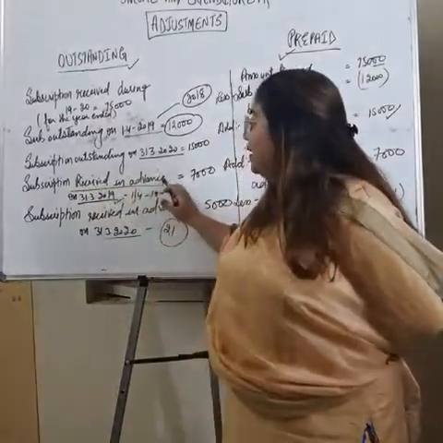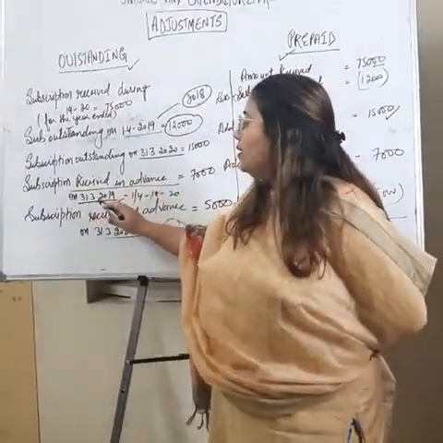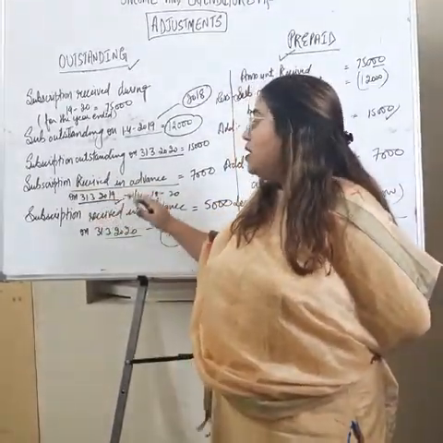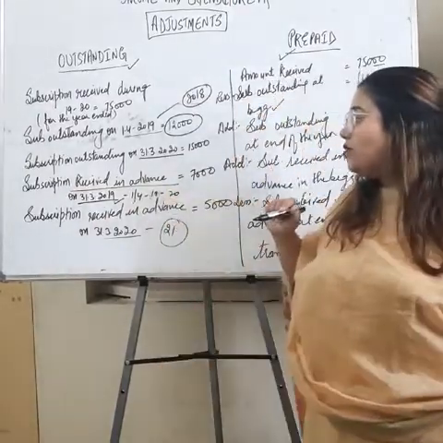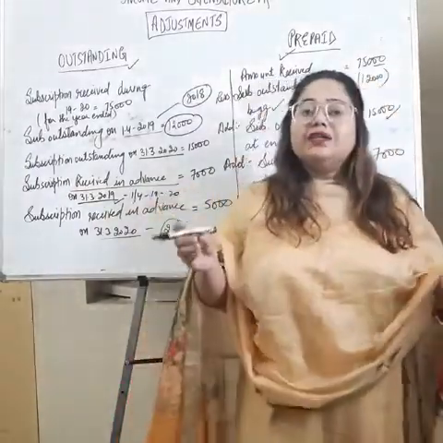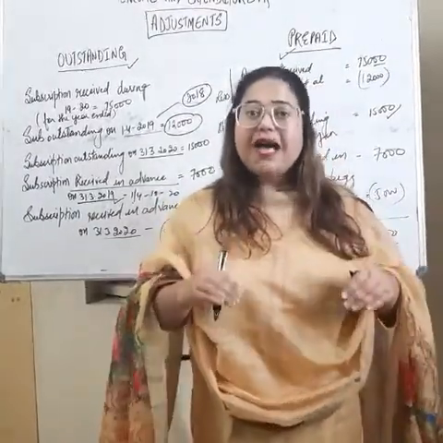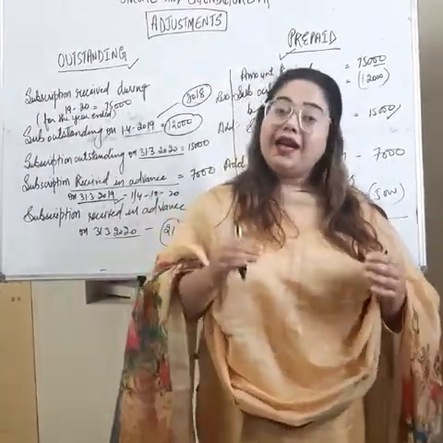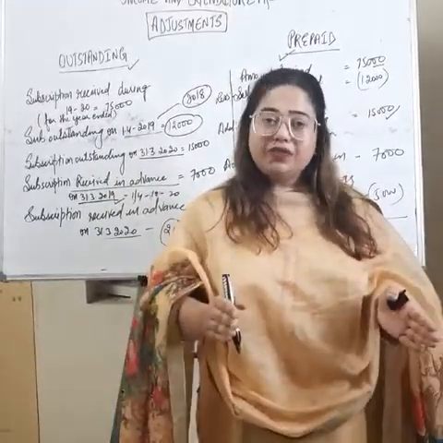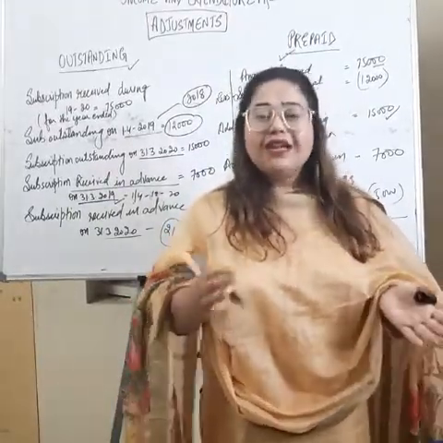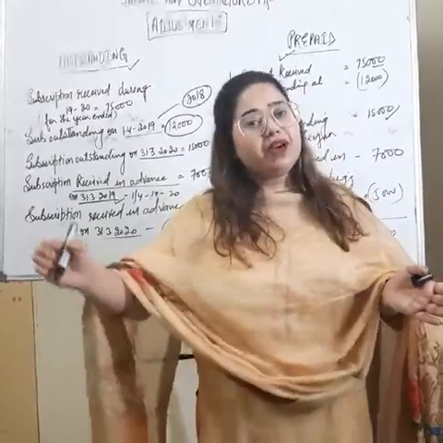Let's move on to the next line. Subscription received in advance on 31/3/2019. Now 31/3/2019 means subscription received in the beginning. If I have received any amount in advance at the start of the year, then it is pretty sure that this is connected to the same year, right?